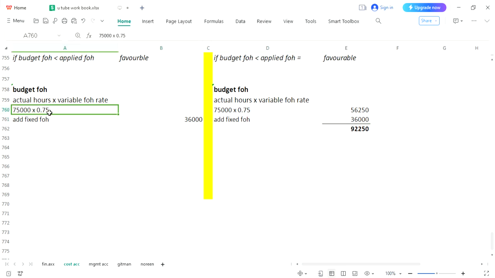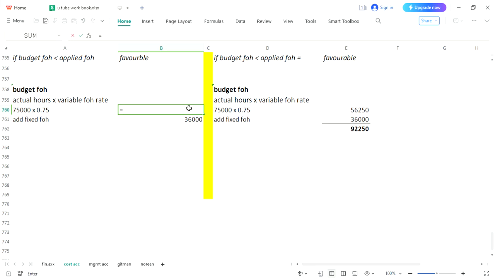Now the statement was completed. We can calculate its amount, 75,000, and it would be multiplied by 0.75 over here. In this way we have completed our calculations.